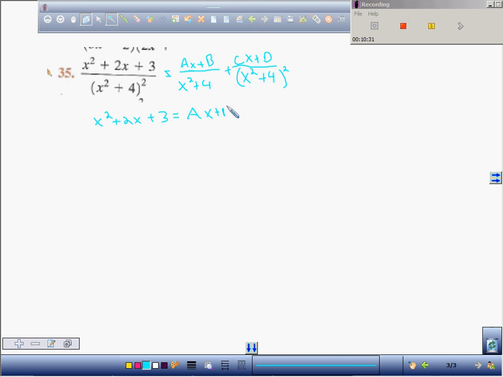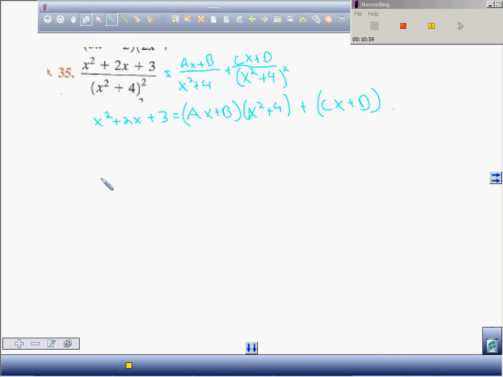And over here, I get equals ax plus b times one of these things, x squared plus 4, plus cx plus d times nothing, because that would factor out there, right? Understand that?